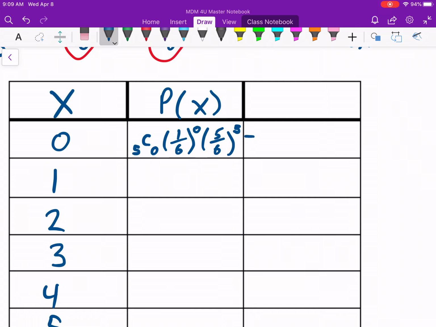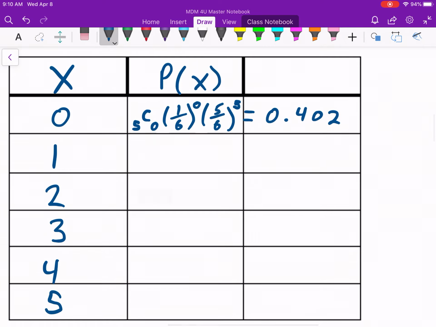So if I were to type this all in to my calculator, 5 choose 0 times 1/6 to the 0 times 5/6 to the 5, that works out to 0.402. What that means is that my probability of getting 0 doubles when I roll a pair of dice 5 times is about 40%.